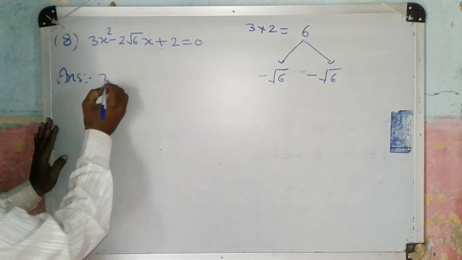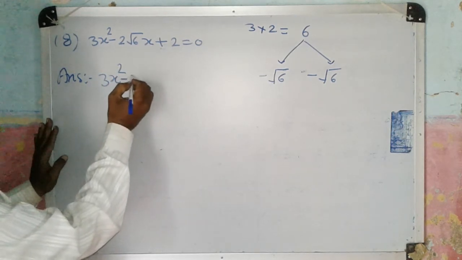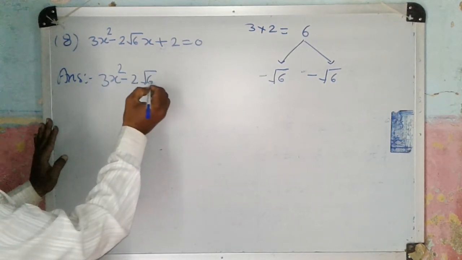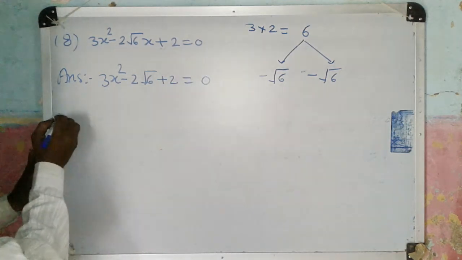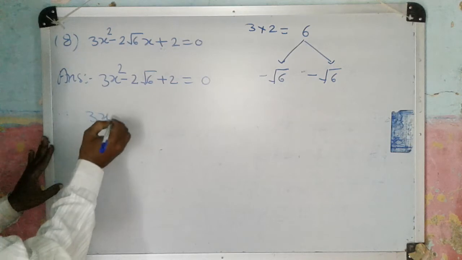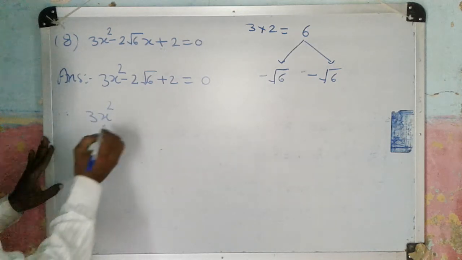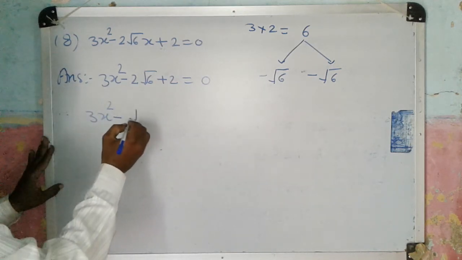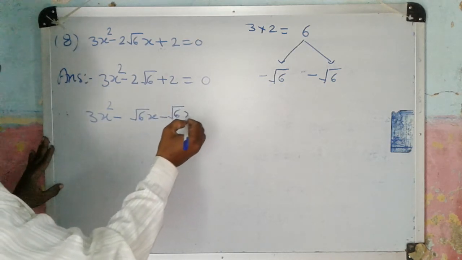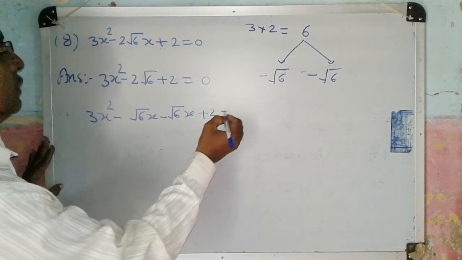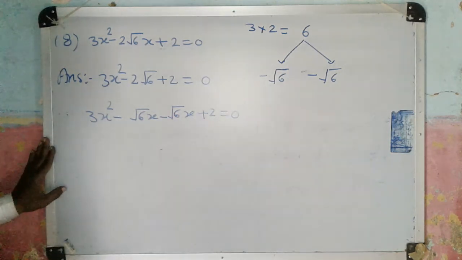This is our given equation, 3x square minus 2 root 6 x plus 2 is equal to 0. Therefore 3x square minus root 6x minus root 6x plus 2 is equal to 0.